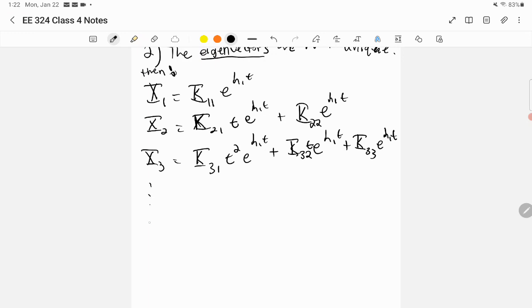And then we can just keep going until we get to however many we need. So the mth one is just going to be km1 t to the m minus 1. Oh, I forgot over 2. I forgot my over 2 here.